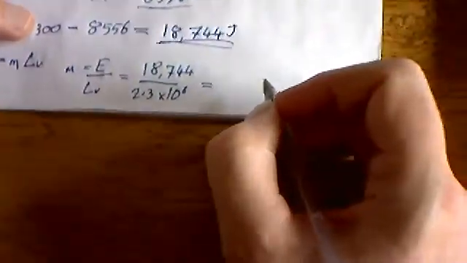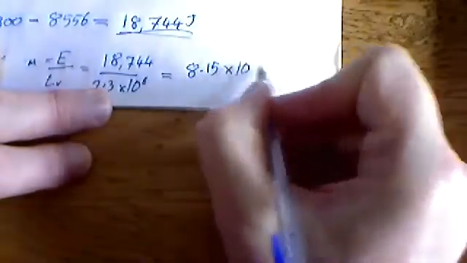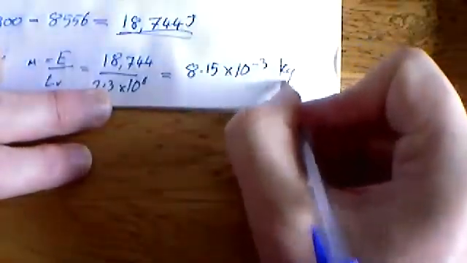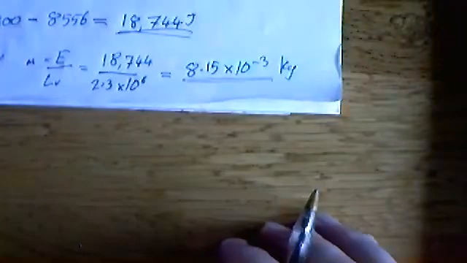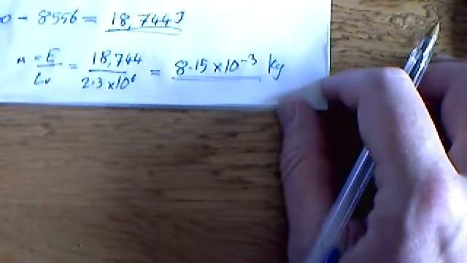That gives us an answer of 8.15 times 10 to the minus 3 kilograms. So 8.15 grams of water will evaporate.